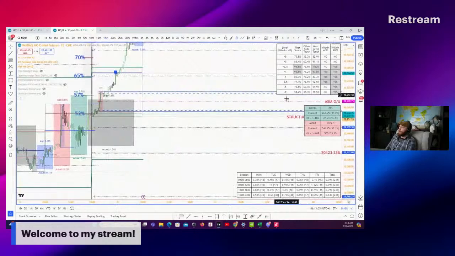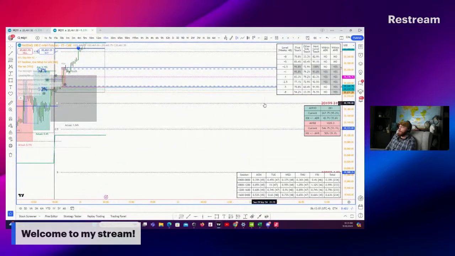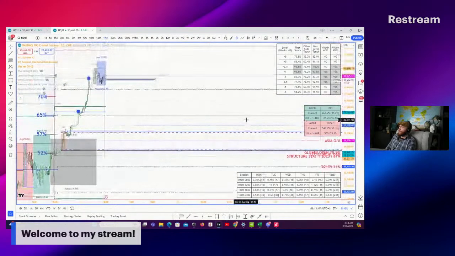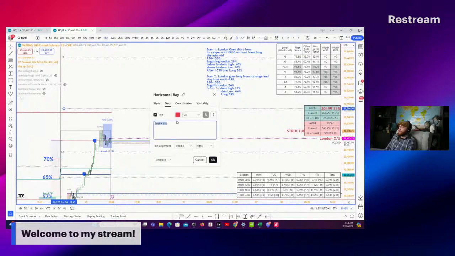It's getting really crowded in this area. Let's drag this up. What's the probability of this getting hit? 73.